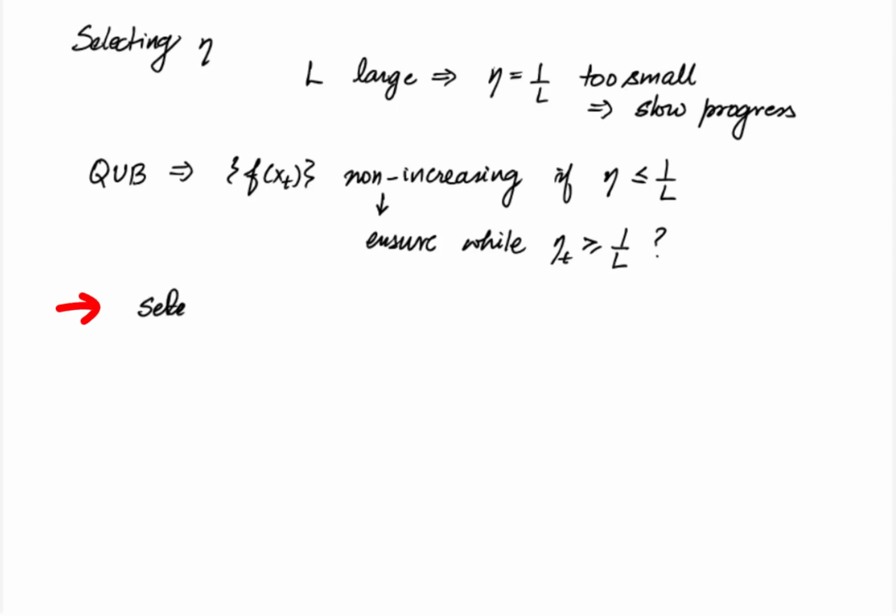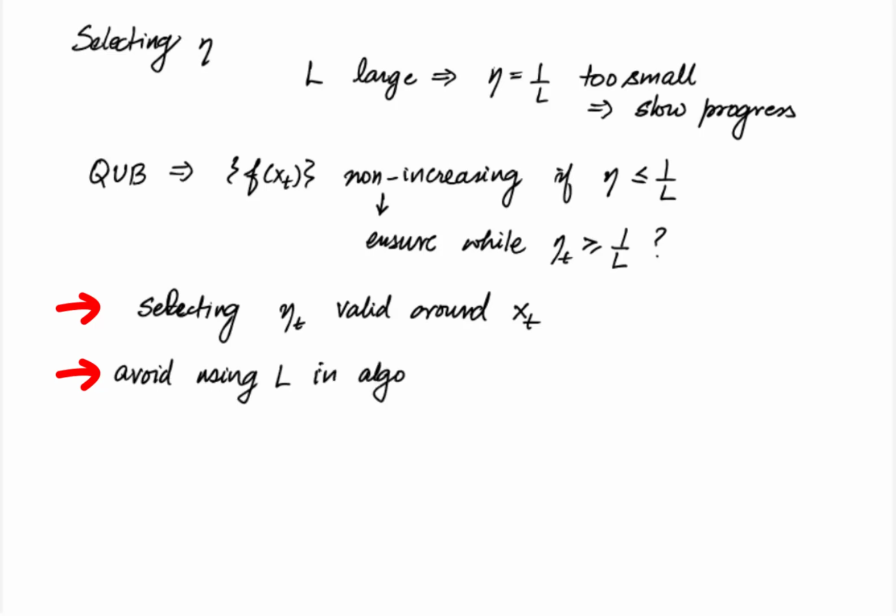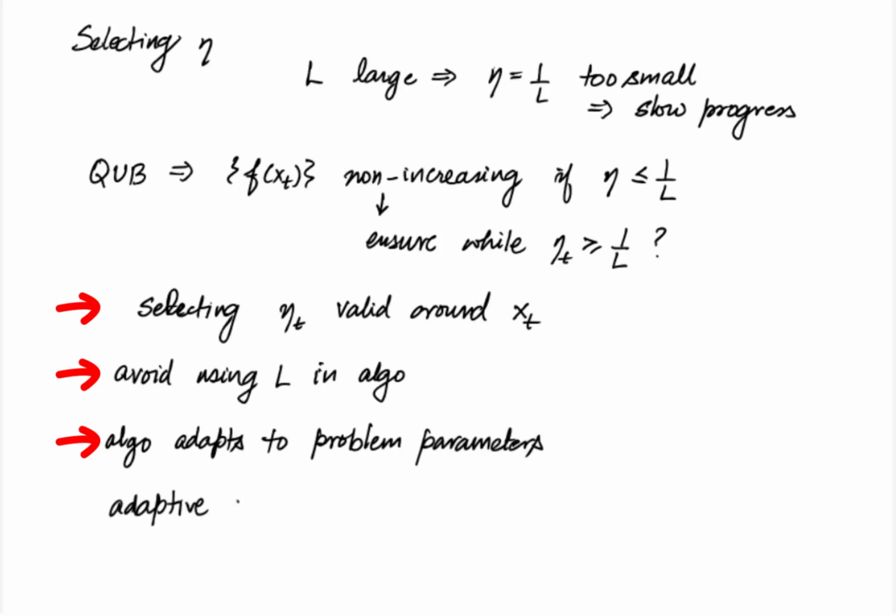You can think of it as selecting an eta t that would only be valid around the current iterate xt. So you can think of it as a new perspective of looking at the algorithm design, the key idea being that we try to avoid using L in the algorithm and instead design the algorithm such that it works without knowing L. The algorithm should adapt to the problem parameters like L. The class of algorithms is called the adaptive step size algorithms.